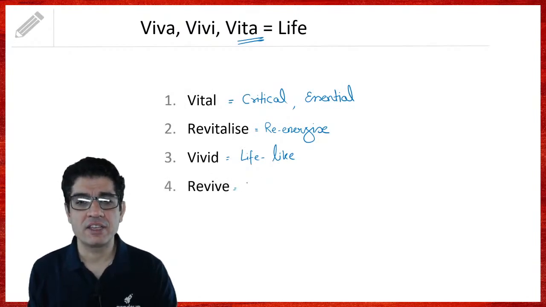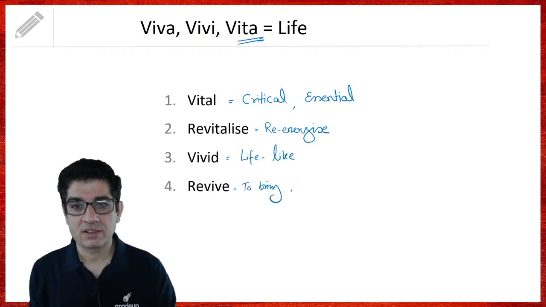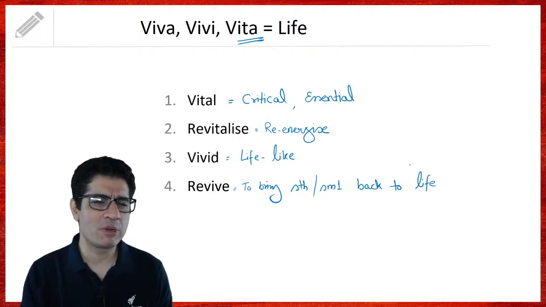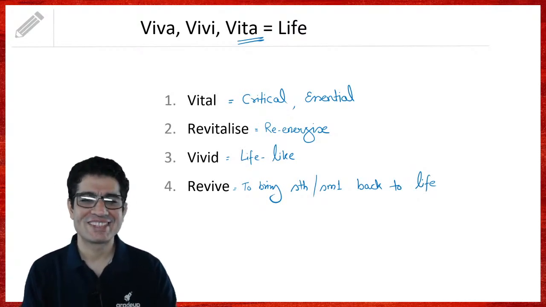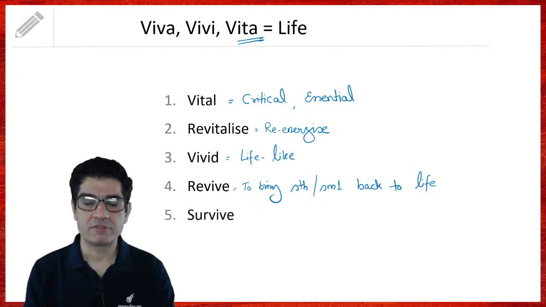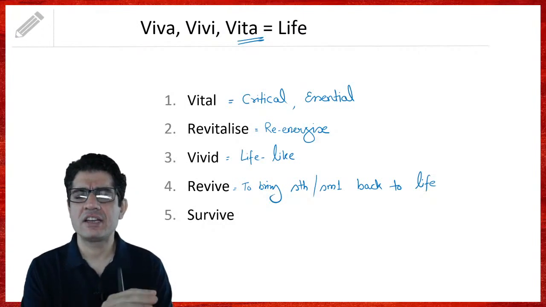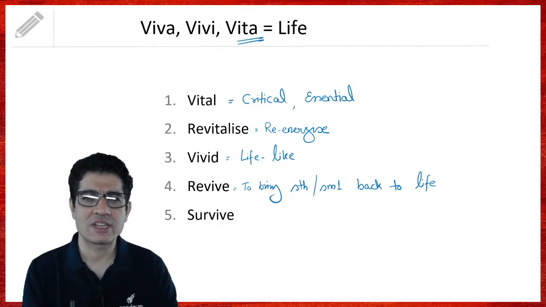Revive. Revive is to bring something or someone back to life. So those of you who used to play PUBG will probably know what revive is, right? Then survive. Survive is when you manage to live under some very difficult, very challenging circumstances.